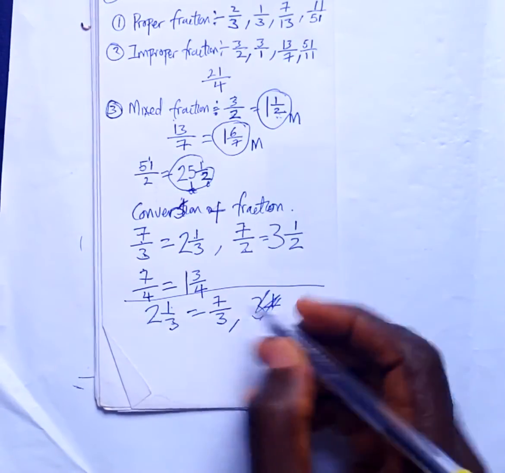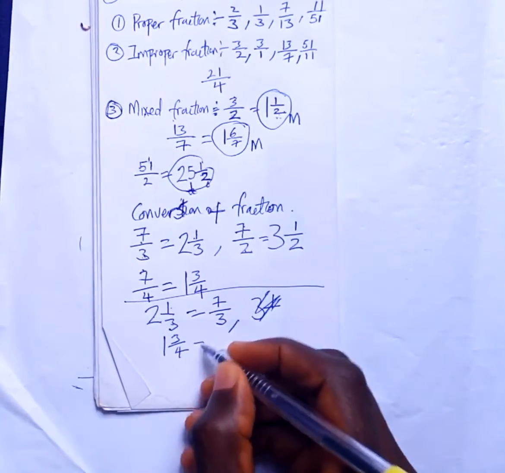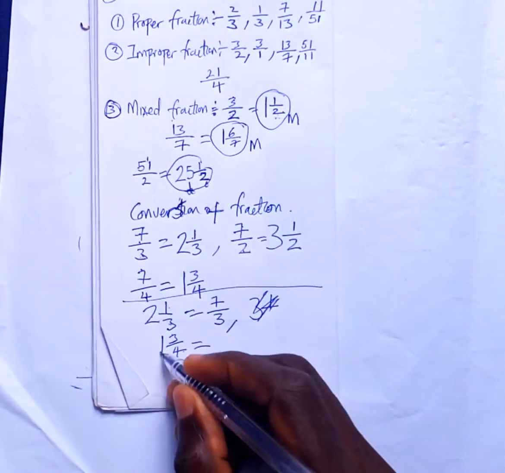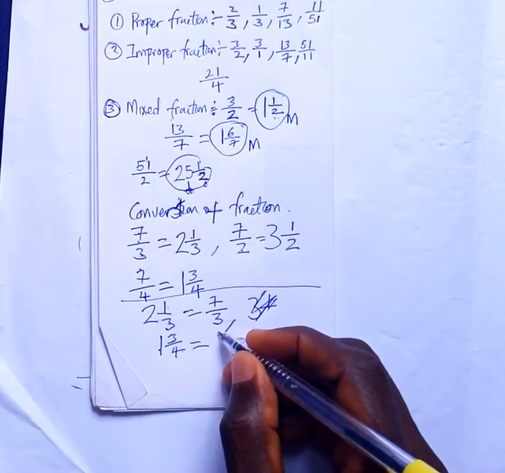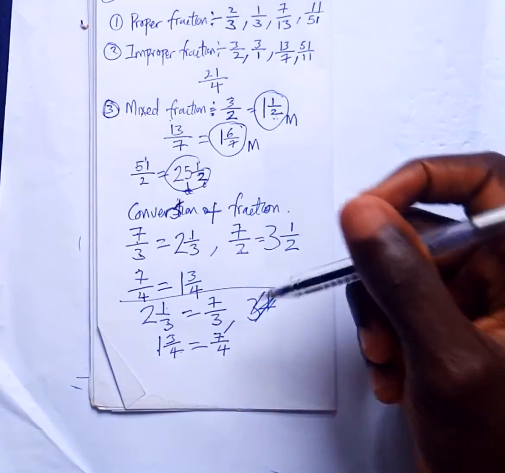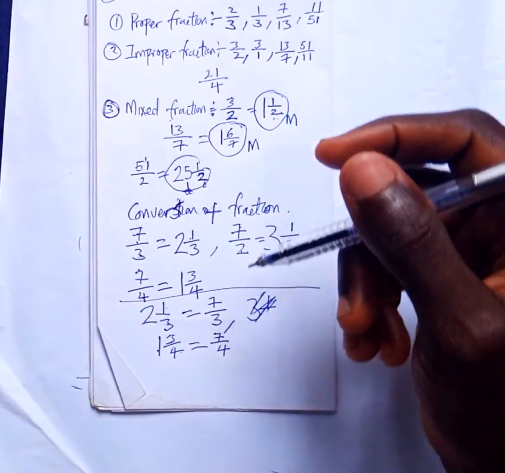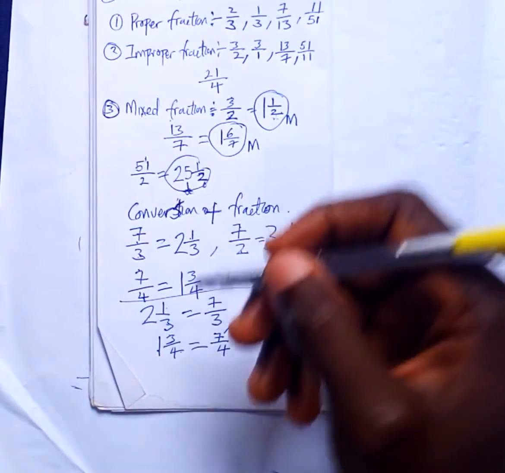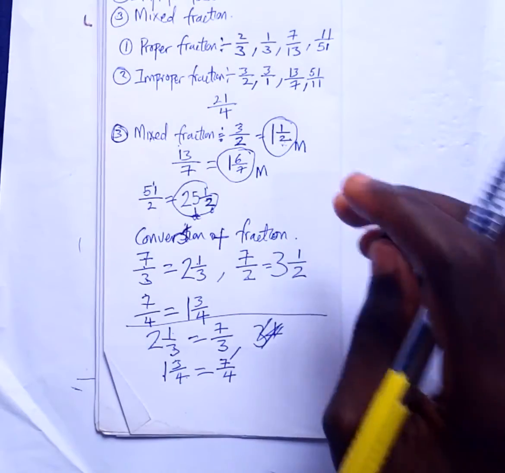If we are to convert 1 and 3/4 also, it will be 4 times 1, 4 plus 3, 7. So we have 7/4. This is converting from a mixed fraction to an improper fraction. Hope this is clear.